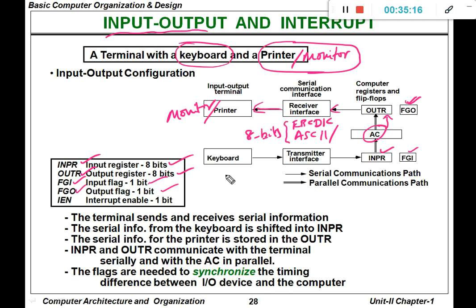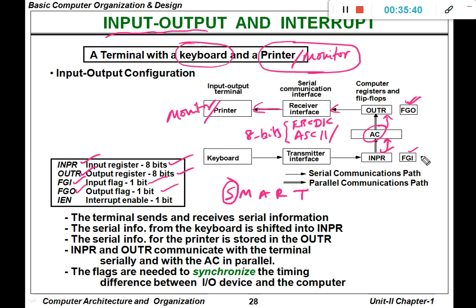What does it mean? For example, assume that you are going to press the keys S-M-A-R-T, smart. Initially I will press the S key, and this S key must be interfacing with the transmitter interface and stored in the INPR, and based on the input flag it will be stored in the accumulator register.